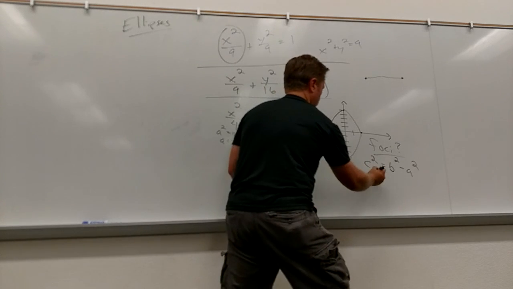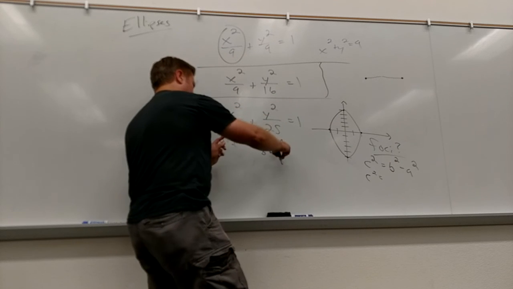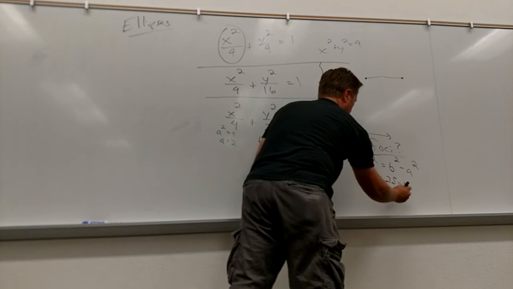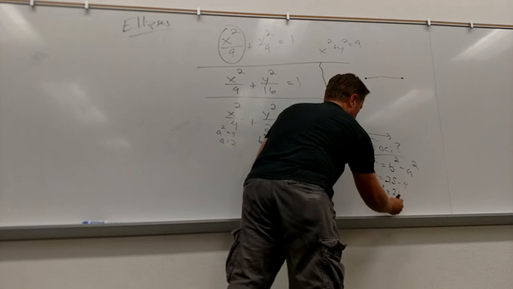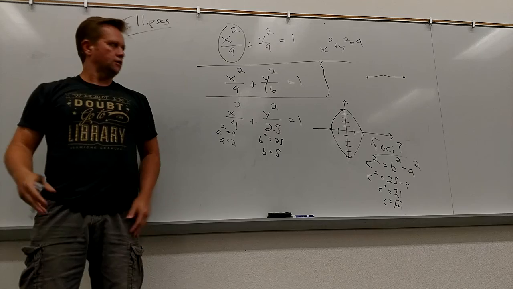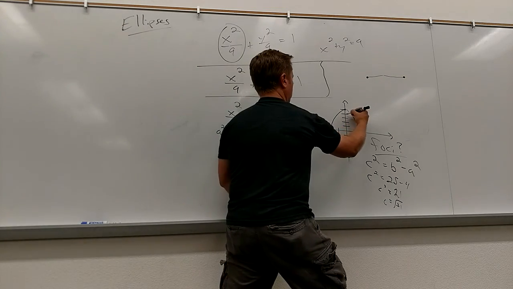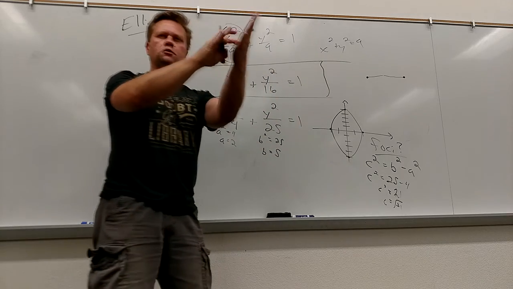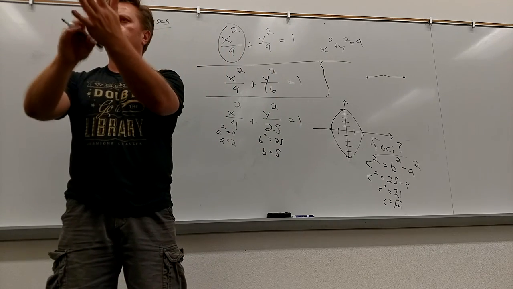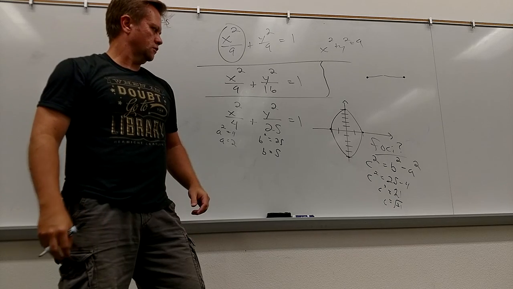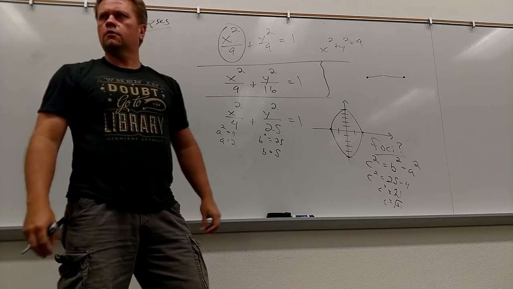So what's it going to be here? It's going to be c squared equals 25 minus 4. So c squared equals 21. So c is the square root of 21, whatever that is, somewhere between 4 and 5. And so somewhere between 4 and 5 is going to be the focus. Somebody help me out. What is the square root of 21 exactly? 4.58.